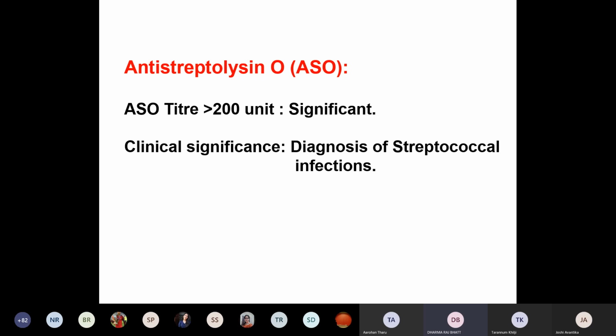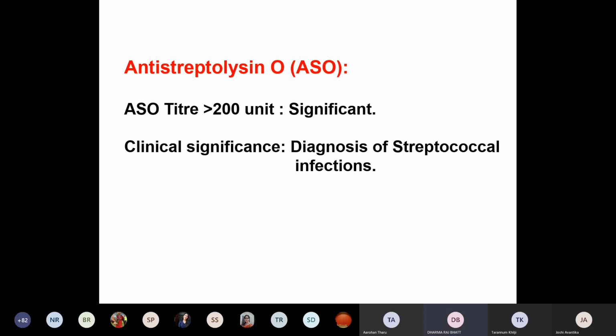It is of two types, streptolysin O and streptolysin S. Streptolysin O is more important because our immune system produces an antibody-like substance, which is known as anti-streptolysin O. It is produced against streptolysin O. That's why it is known as anti-streptolysin O, like antibody. This is also known as ASO, which stands for anti-streptolysin O.